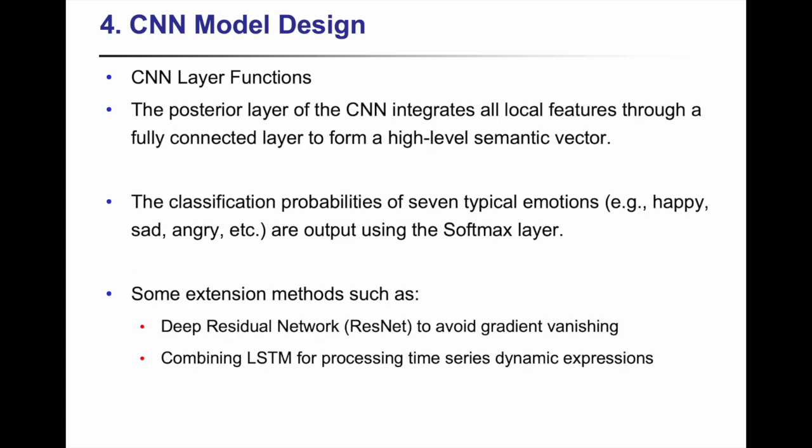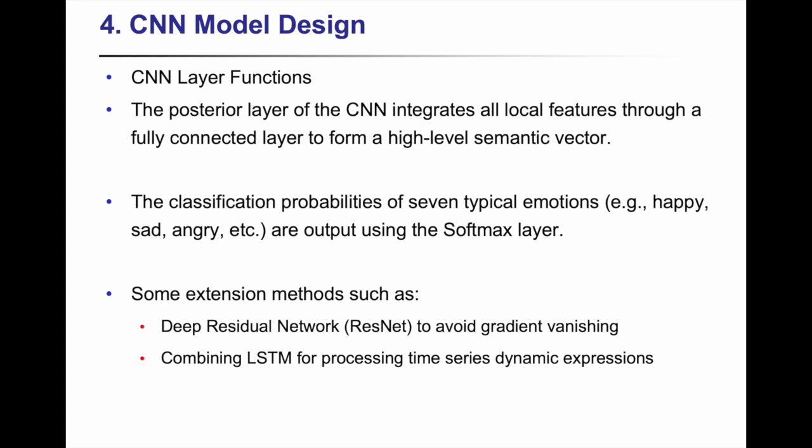The posterior layers of the CNN integrate all local features through a fully connected layer to form a high-level semantic vector. The classification probabilities of the 7 typical emotions are output using a softmax layer. This stage can also be combined with an attention mechanism to focus on high-weighted regions, such as zygomatic bone lifting and eyebrow bending, which have significant differentiation in expression discrimination.